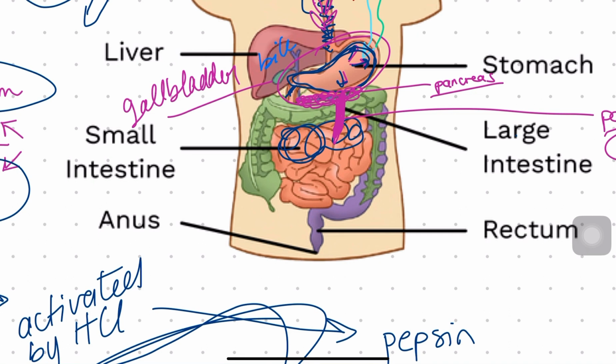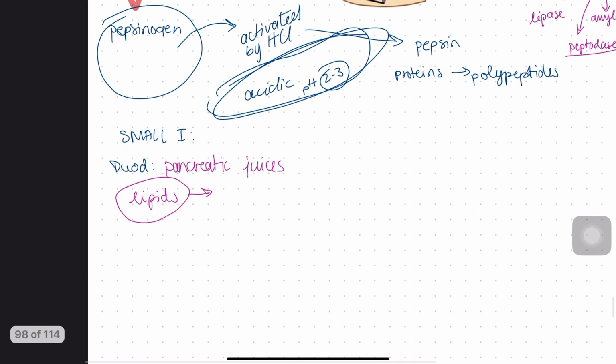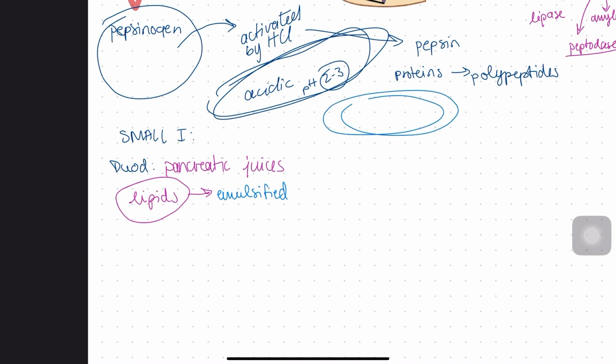Bile is produced in the liver, stored in the gallbladder, and it's also going to be thrown into the small intestine, into the duodenum. First, lipids are going to be emulsified. Emulsified means they're going to be broken into smaller pieces. So this is your big lipid, and it's going to be broken into lipid droplets, which are smaller.